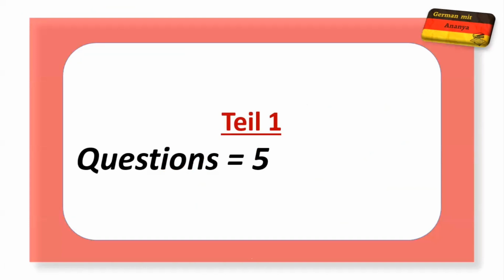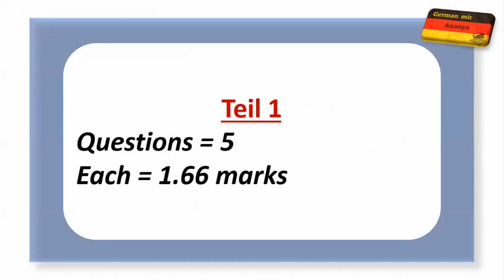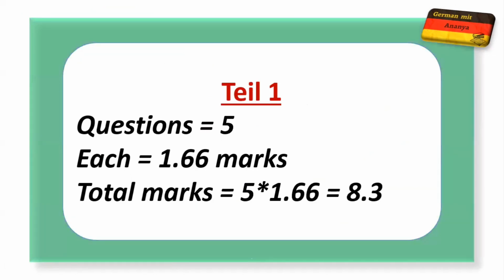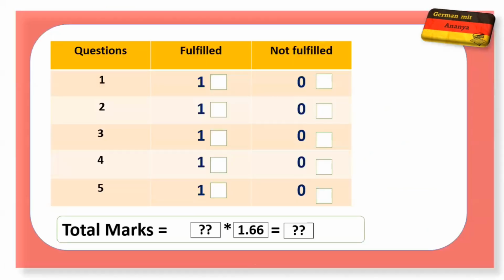As you have noticed, there were 5 blanks. So questions are 5. Each is 1.66 marks. Yes, guys, each question is 1.66. So total marks of Teil 1 is 8.3. Correct? You can see here how you will get the marks. These are the 5 questions.